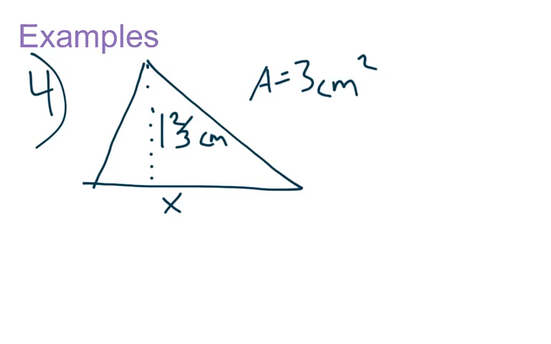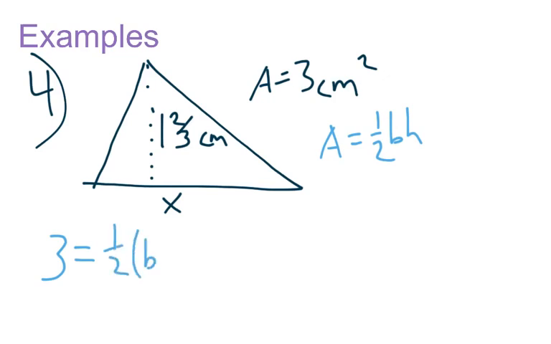Again, I can't stress enough, the process doesn't change. We'll use the formula, area is equal to 1/2 base times height, but we're now just going to use fractions. Plug in the information we have. 3 is equal to the area, so 3 goes into A. 1/2, our base is unknown, so we'll put that in as x.